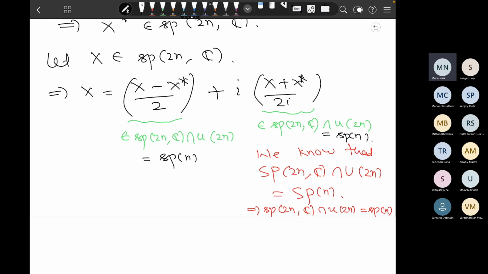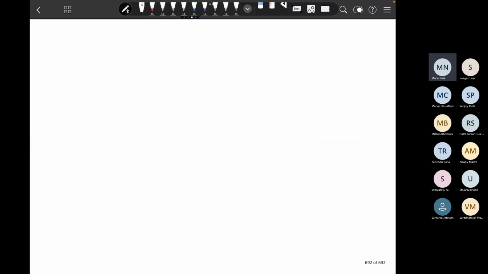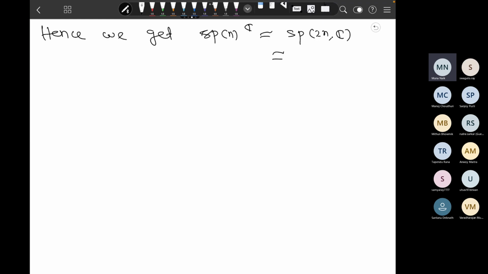So what do you get? Hence we get this thing: sp(n)^C equal to sp(2n,C), and this is isomorphic to sp(2n,R)^C.